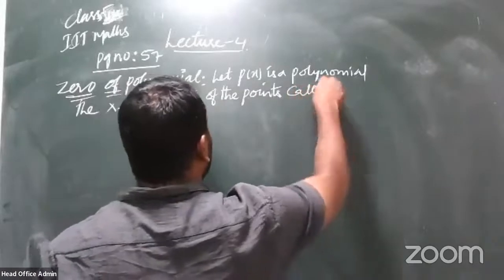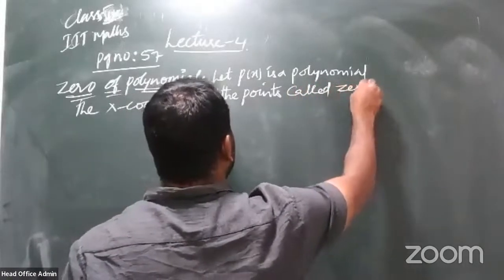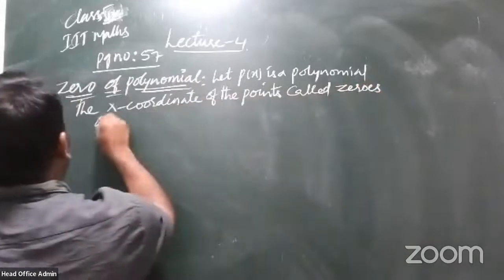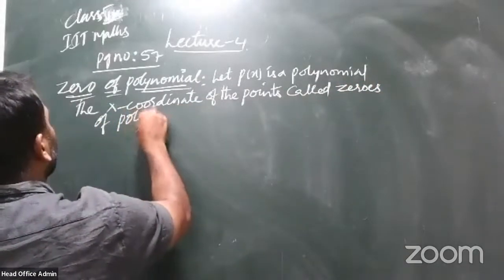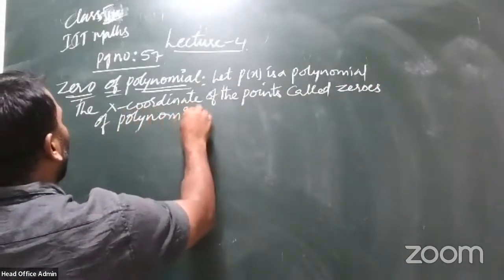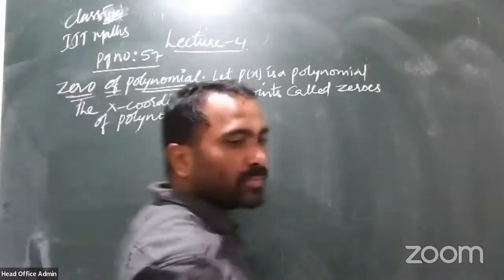The x coordinates of the points are called zeros of the polynomial. The x coordinates of the points are called zeros of the polynomial.